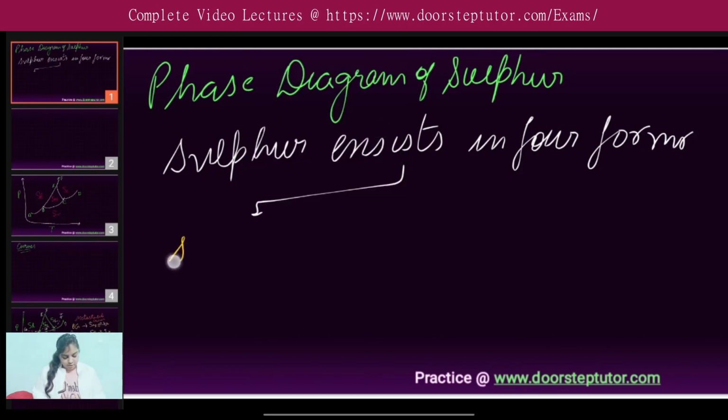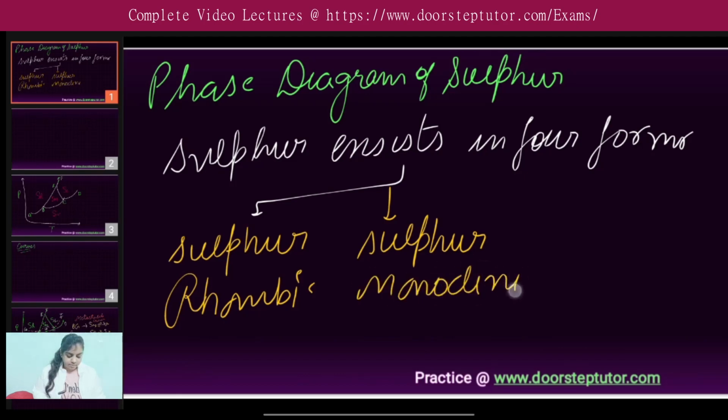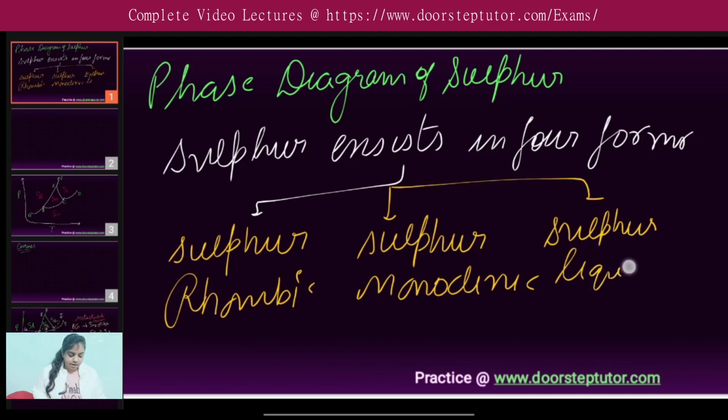The other is sulfur monoclinic. These are the two solid forms of sulfur only. And the other is in the liquid phase, sulfur liquid, and lastly in the vapor phase, that is sulfur vapor.